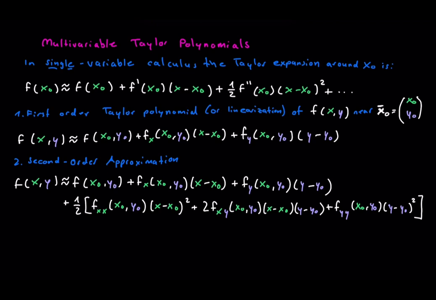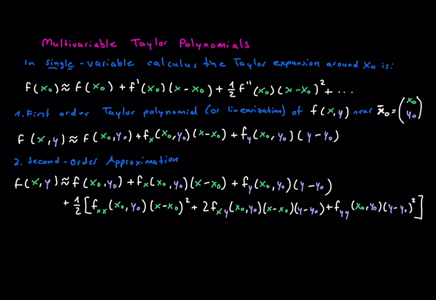To add curvature, we use second partial derivatives. The quadratic, or second order, Taylor polynomial is f of x, y approximately equals f of x naught, y naught plus f sub x times (x minus x naught) plus f sub y times (y minus y naught) plus 1/2 times [f sub xx times (x minus x naught) squared plus 2 f sub xy times (x minus x naught) times (y minus y naught) plus f sub yy times (y minus y naught) squared].